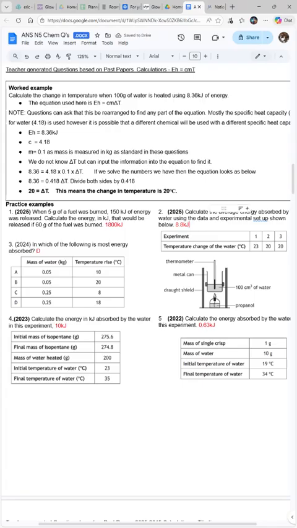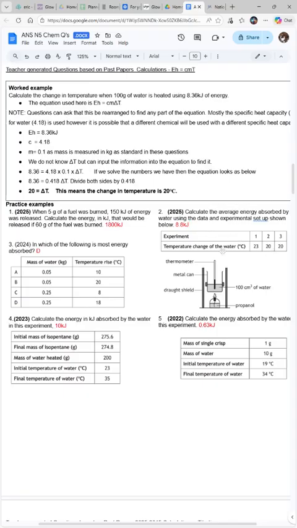Calculate the average energy absorbed by water using the data below and the experimental setup. The average change in temperature: 20 plus 20 plus 23 is 63, divided by 3, which is 21.